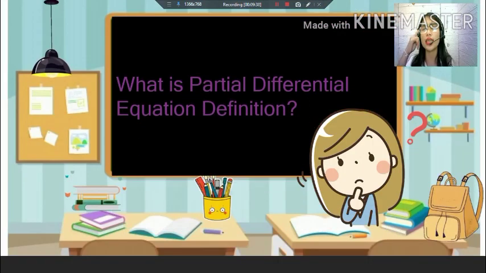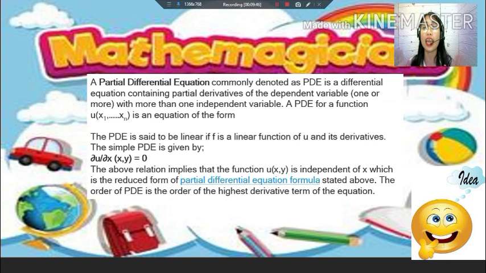And the second one is, what is the partial differential equation definition. Okay, let's move forward to the slide. A partial differential equation, commonly denoted as PDE, is a differential equation containing partial derivatives of one or more variables with more than one independent variable.